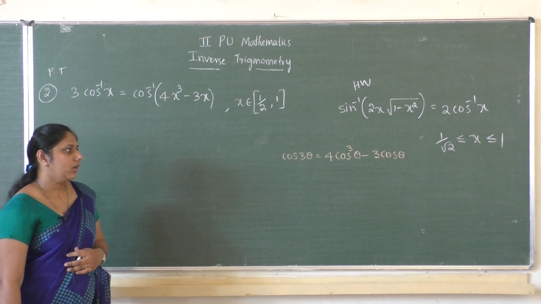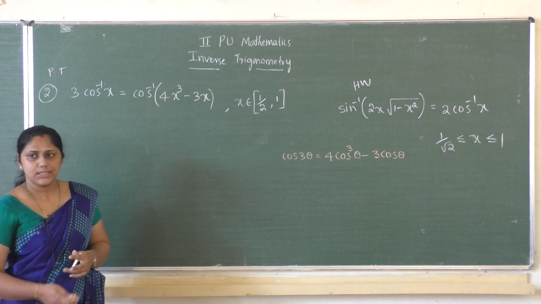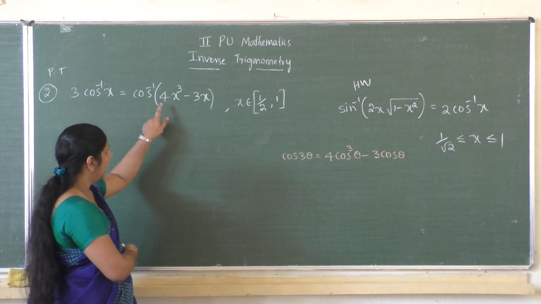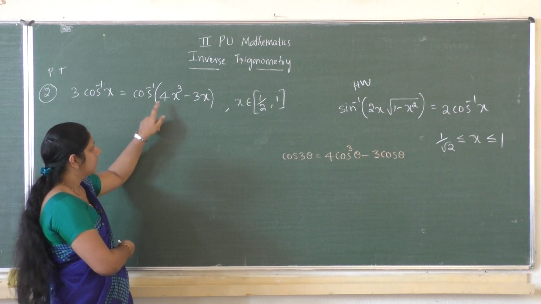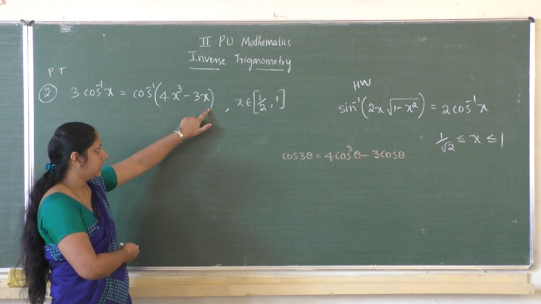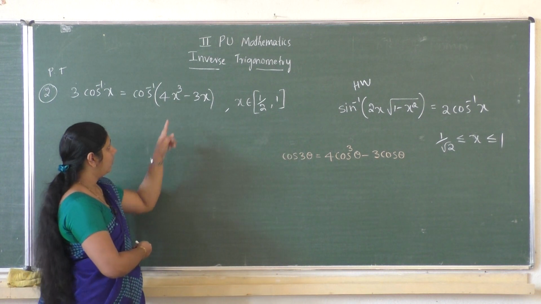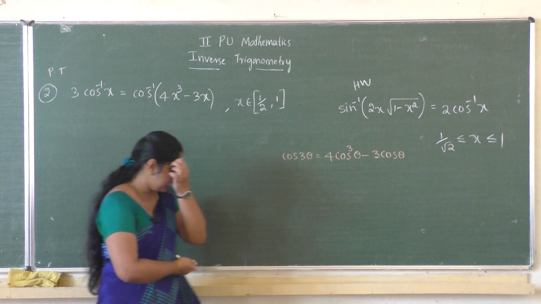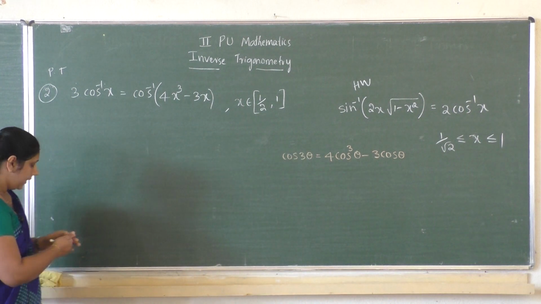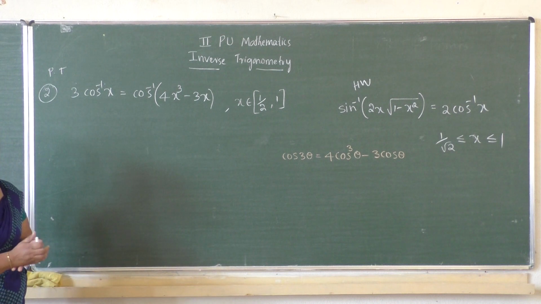We have the formula cos 3 theta equal to 4 cos cube theta minus 3 cos theta. Now see the right hand side term, cos inverse of 4x cube minus 3x. Now compare this term with this term. Here in the place of x we have cos theta, right? So then here we can take x value as cos theta, right?